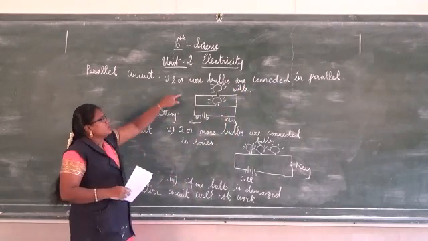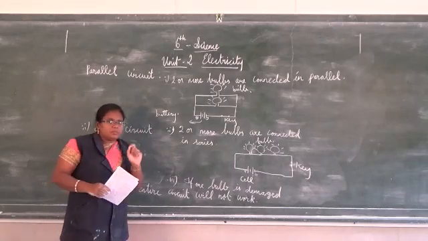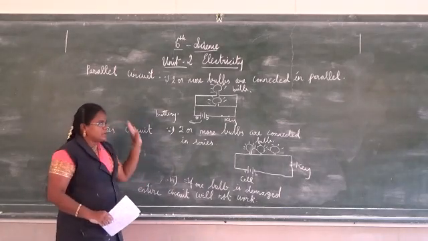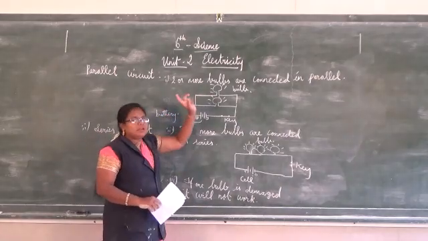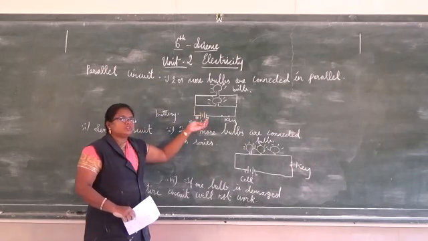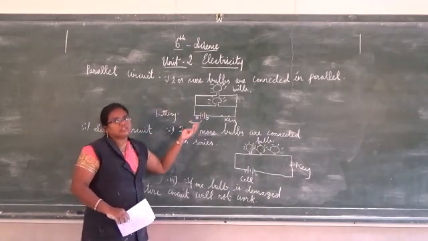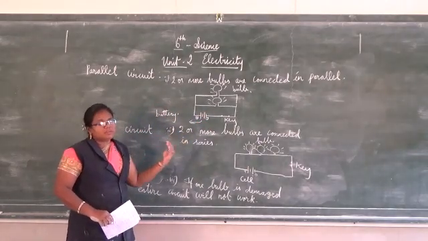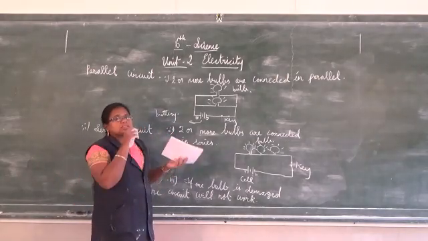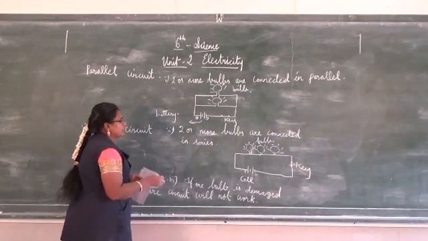If one of the bulbs is damaged here, it will not affect the entire circuit. Only that bulb will not glow, and the next bulb will be glowing. This type of circuit connection is what we use in our home, understand children?